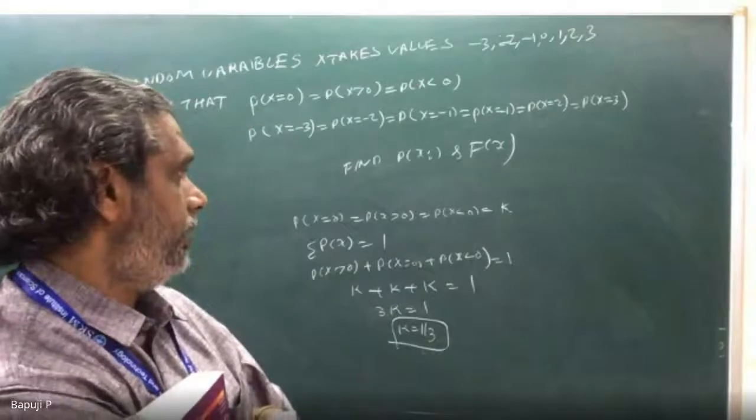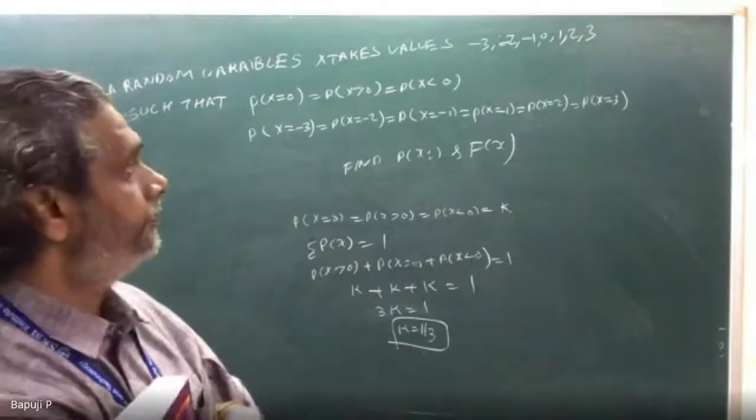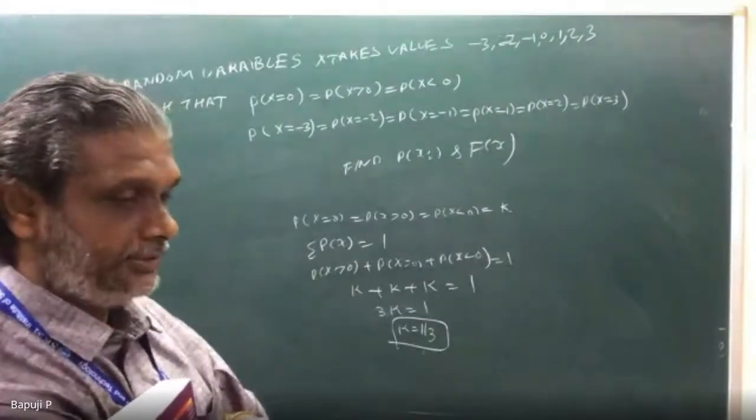Okay, at least you can tell. Probability x greater than 0 means what here? x is 1, 2, and 3. So that is probability x equal to 1 plus probability x equal to 2 plus probability x equal to 3, correct?